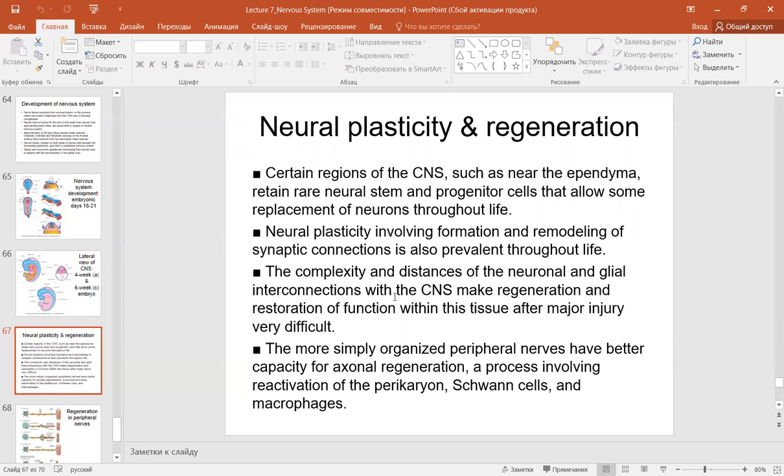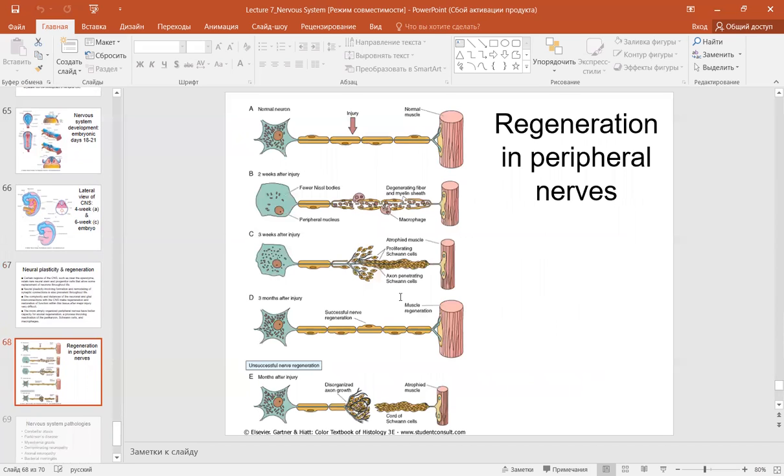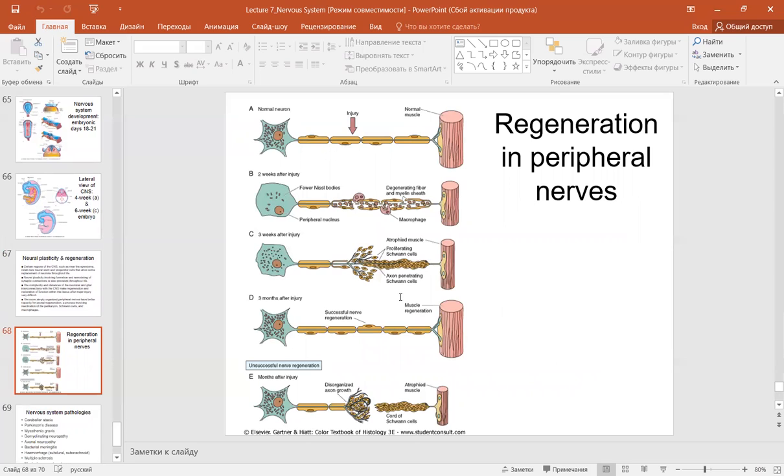The more simply organized peripheral nerves have better capacity for axonal regeneration, a process involving the reactivation of the perikaryon, Schwann cells, and macrophages. On the next slide, you see the site of injury, which leads to the degeneration of the nerve fiber and myelin sheath.